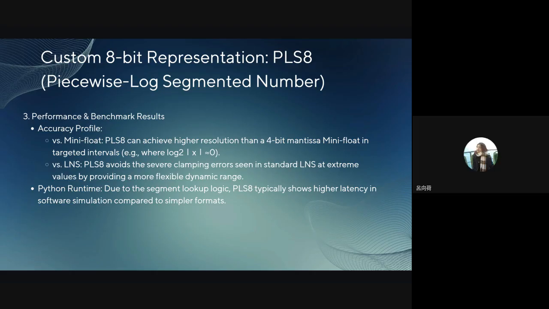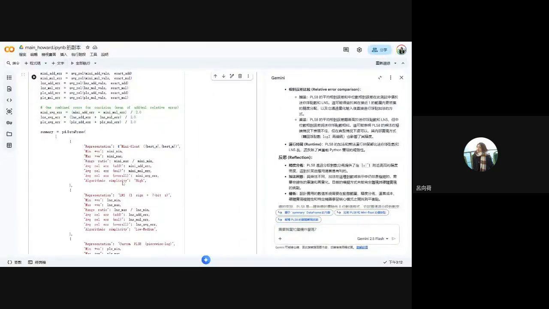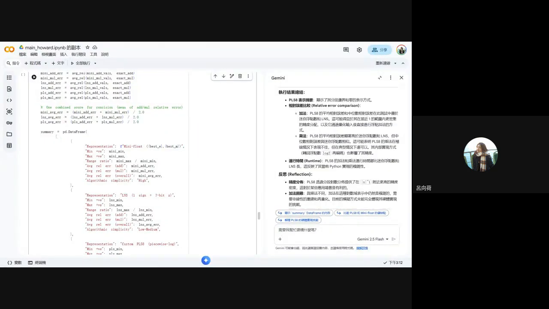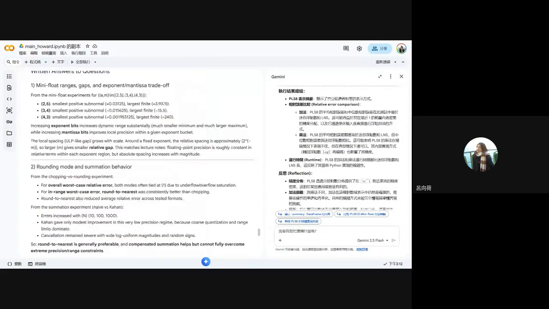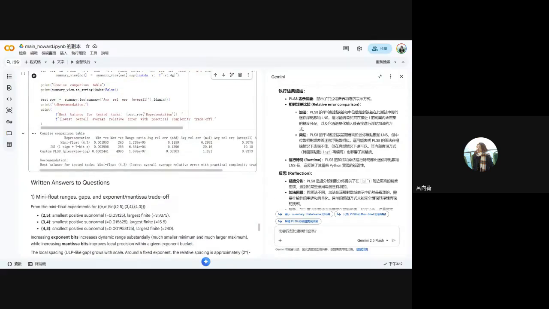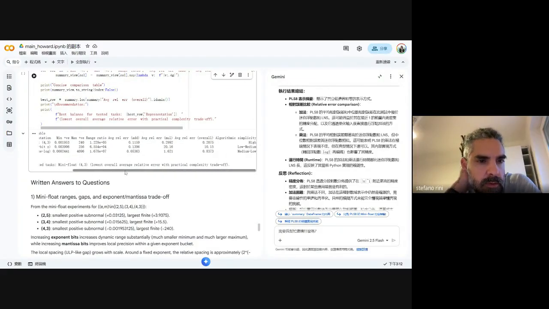Okay. So here. This comparison table. No, show me how you do the summation.